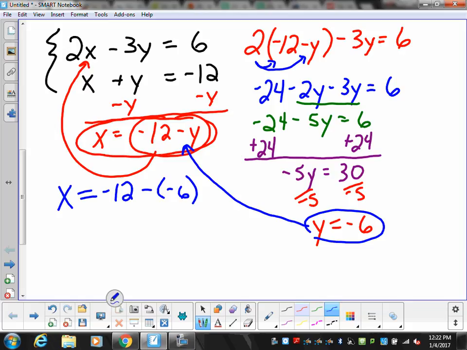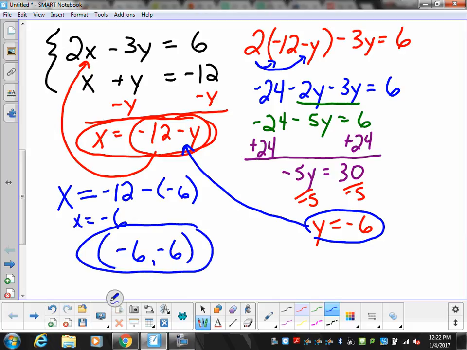And I have to have both minuses because the 6 is negative and the y was also a minus. And so negative 12 minus a negative 6 is negative 6. So my solution is negative 6, negative 6.